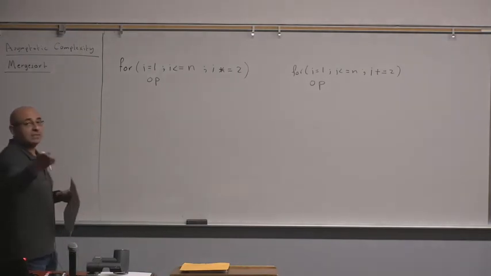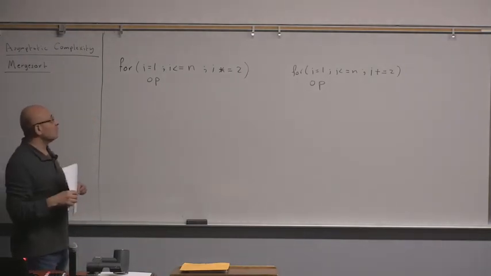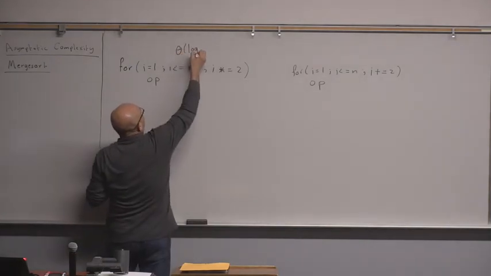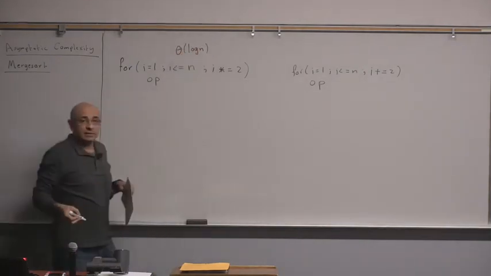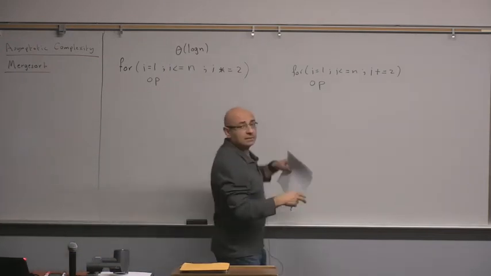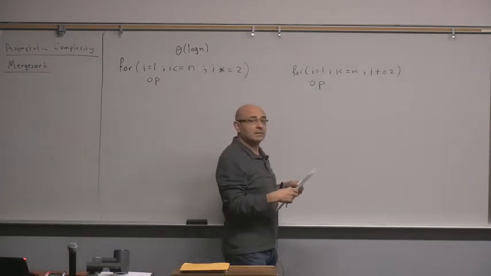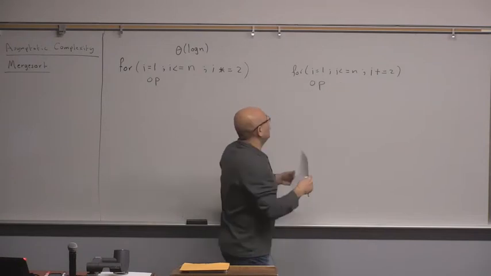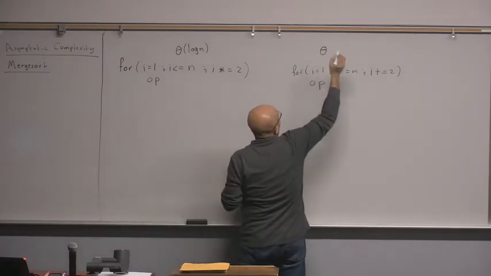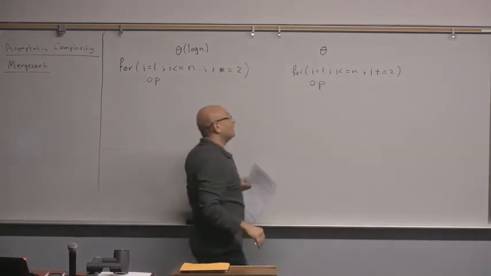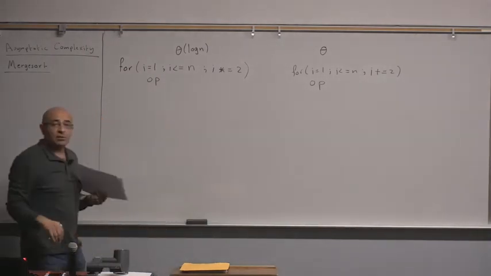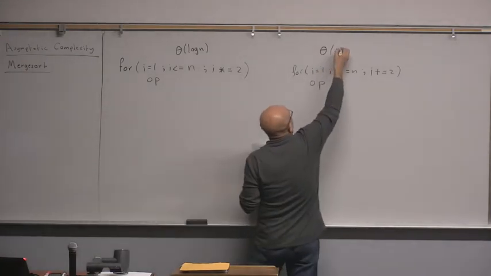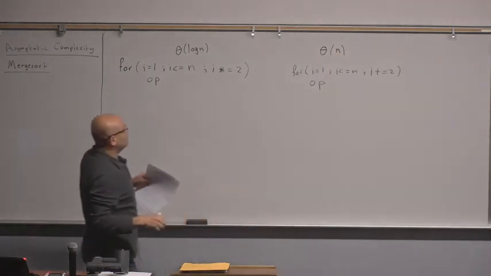So you're saying that this is theta log n, right? Yes. And this is theta of n or log n? That's n. Well, it's n over 2, but we ignore constants, right? So this is theta of n still, because we ignore constants.